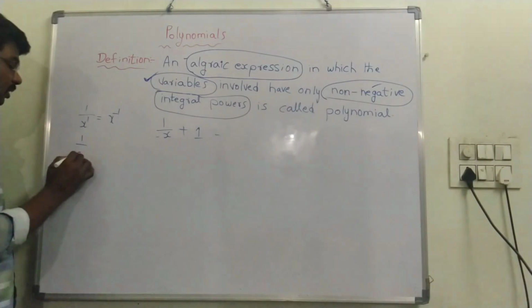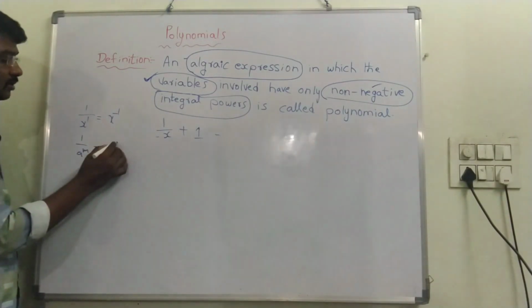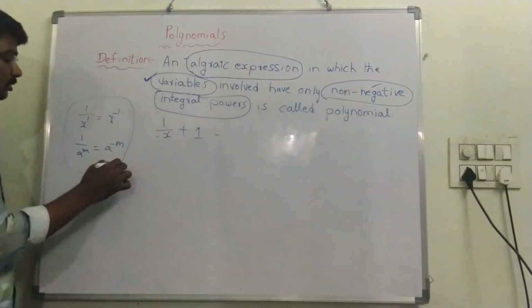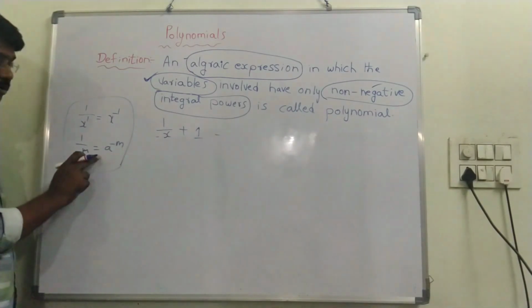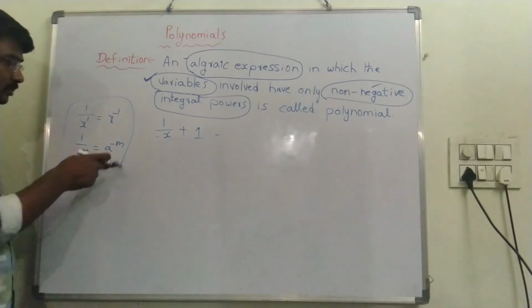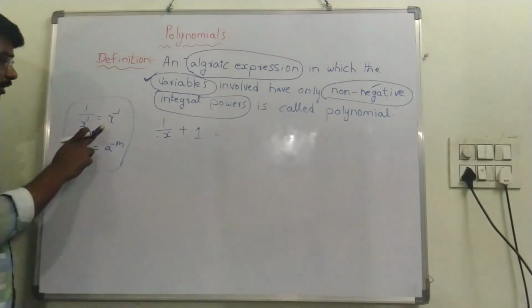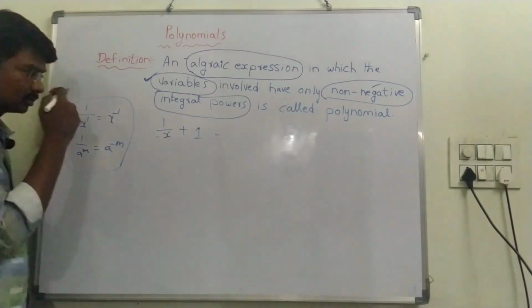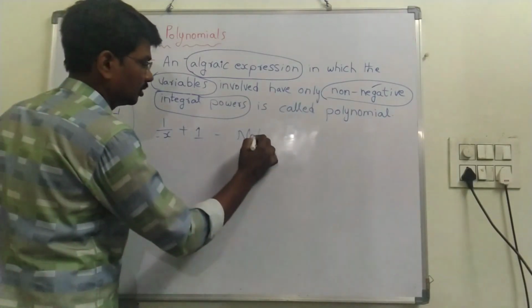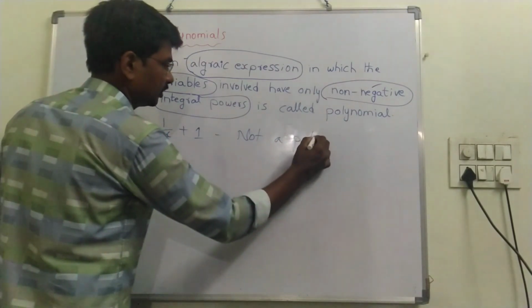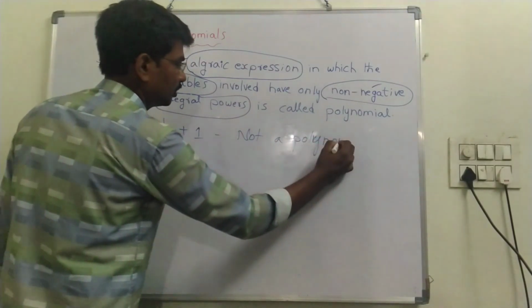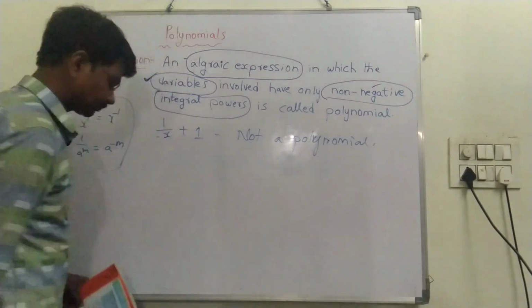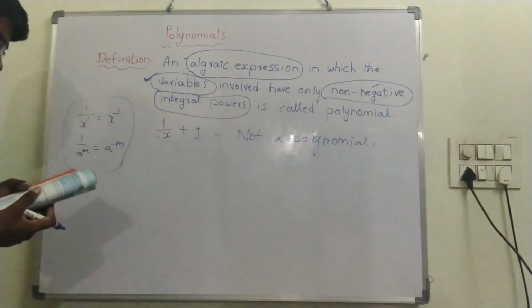According to 1 by a to the power of m is equal to a to the power of minus m, according to this law of exponents, this will become a negative power. Okay? So this is not a polynomial.